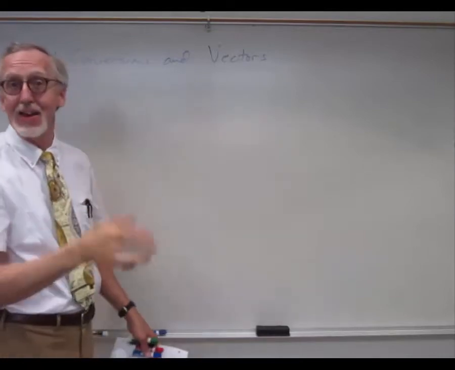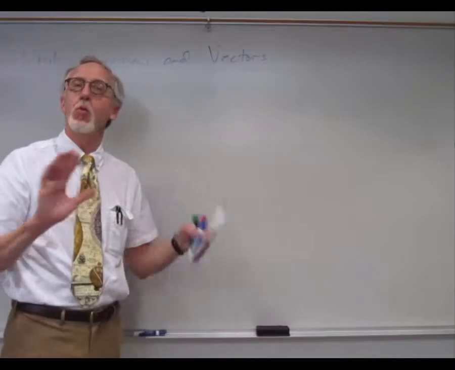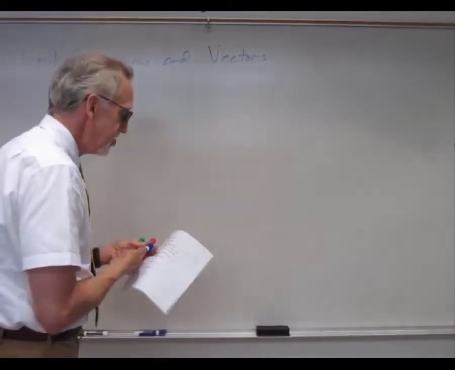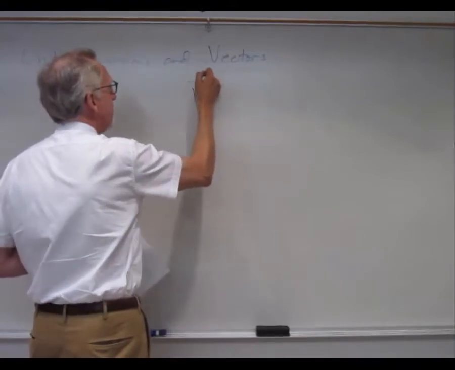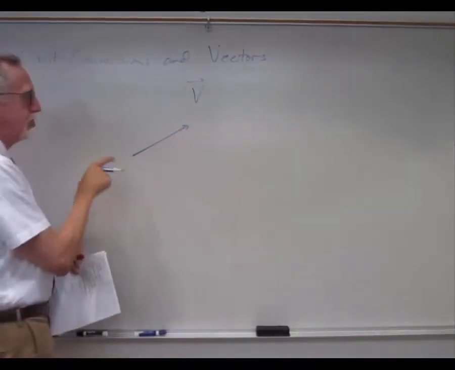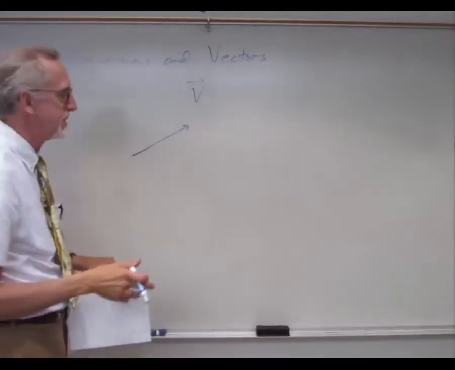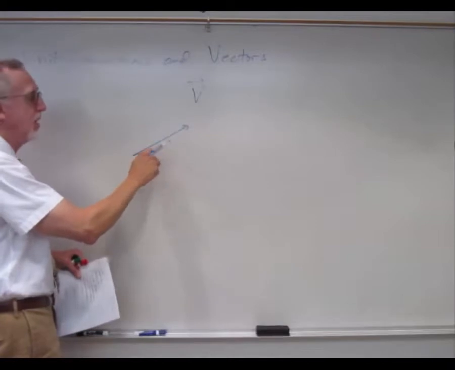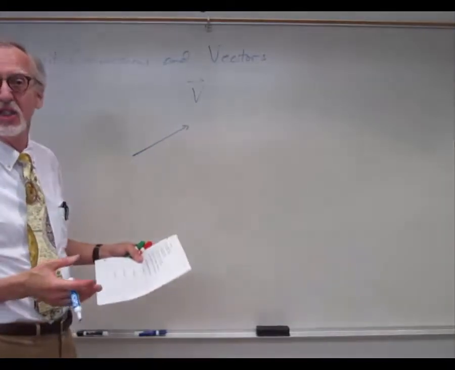However, this whole process works no matter what the direction of the vector is. Let's imagine you've got some general vector V, assuming we use our standard coordinate system of x positive to the right, y positive up, which you don't have to, but let's just assume for the moment we are.